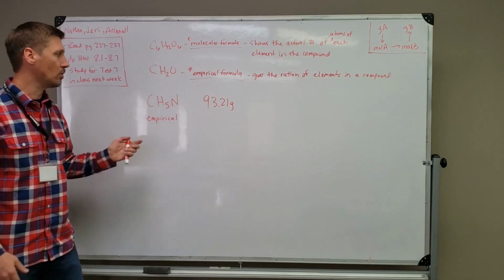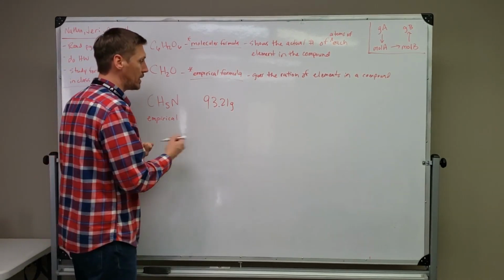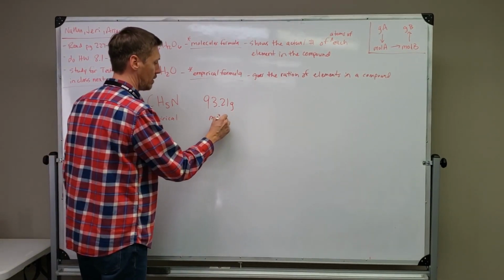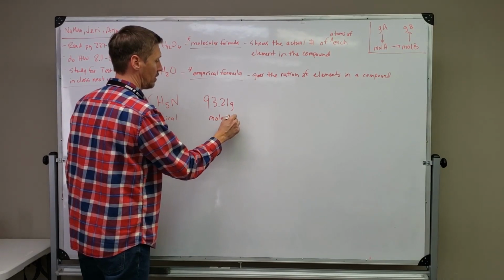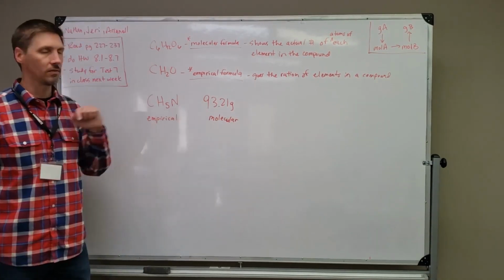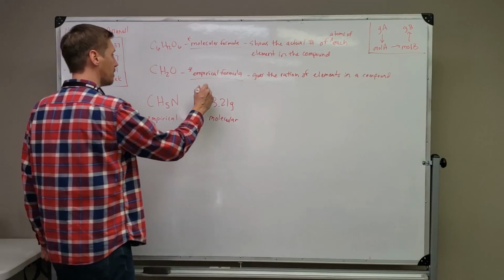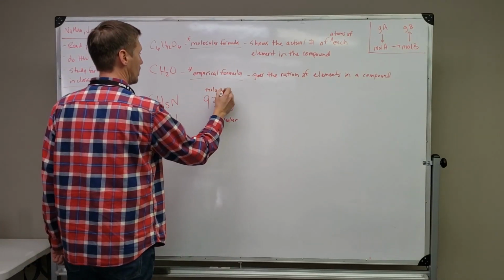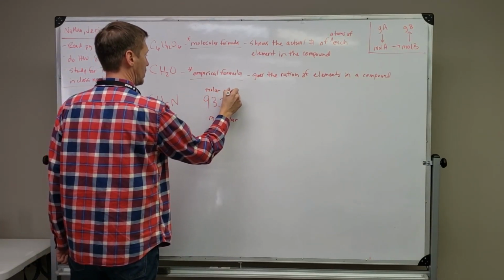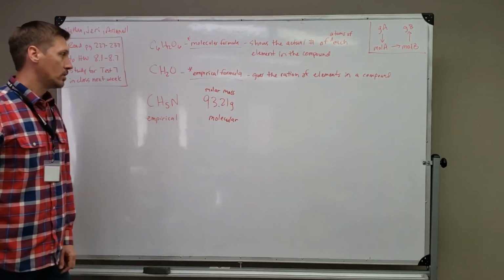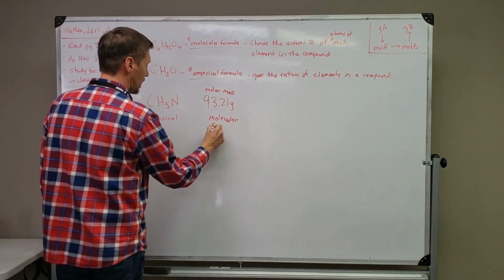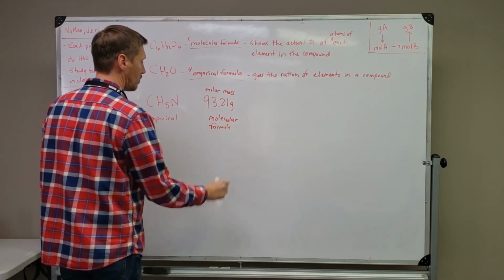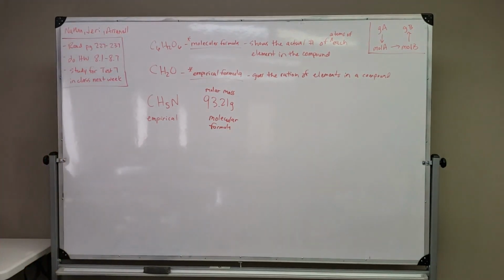We do that based not on the empirical formula but on the molecular formula. So this is based on the molecular formula. They want us to find out the molecular formula. So how would we do that?